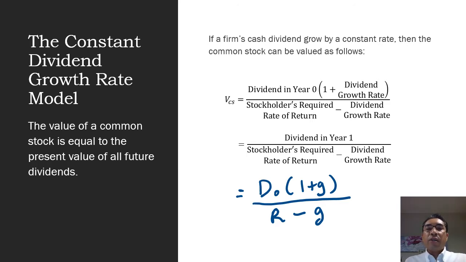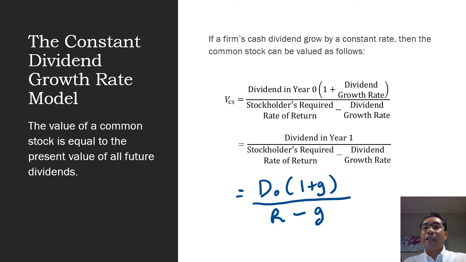Okay, so in order to value the common stock, we adopt what is known as the constant dividend growth rate model. Basically, in this method, we assume that dividend grows at a constant rate.